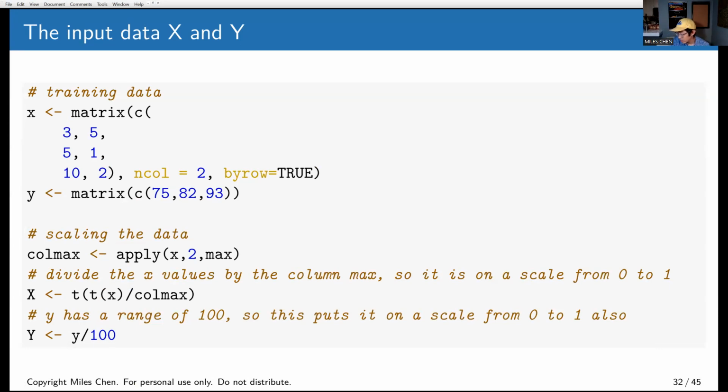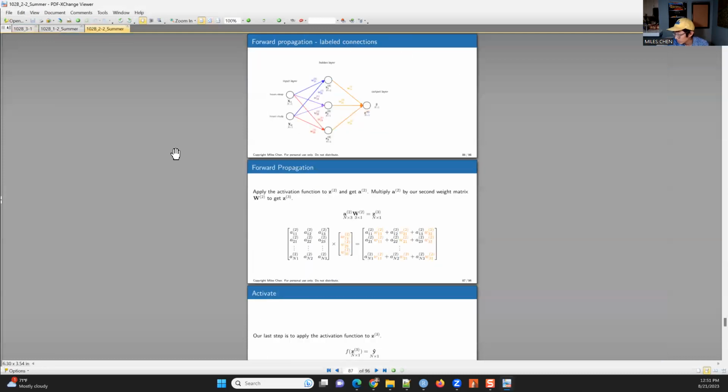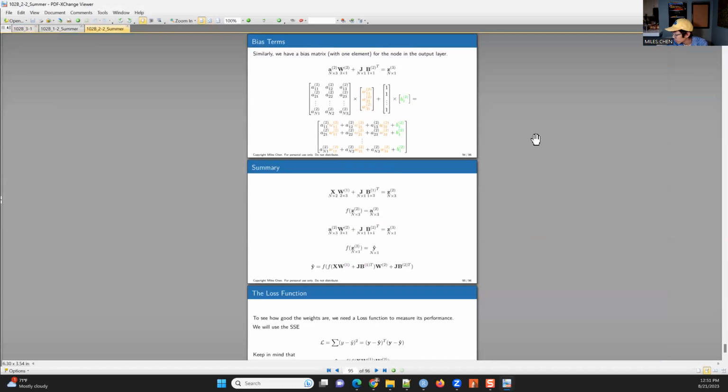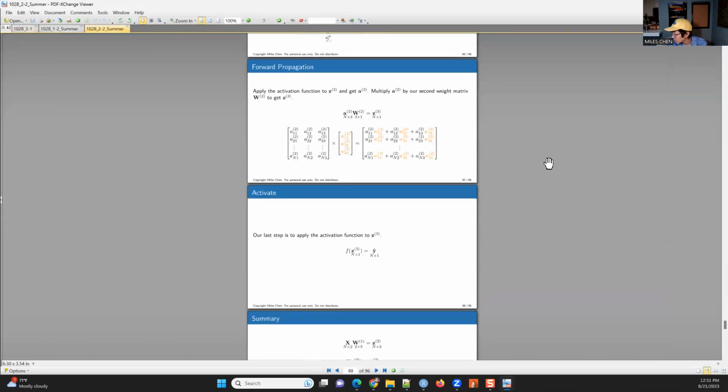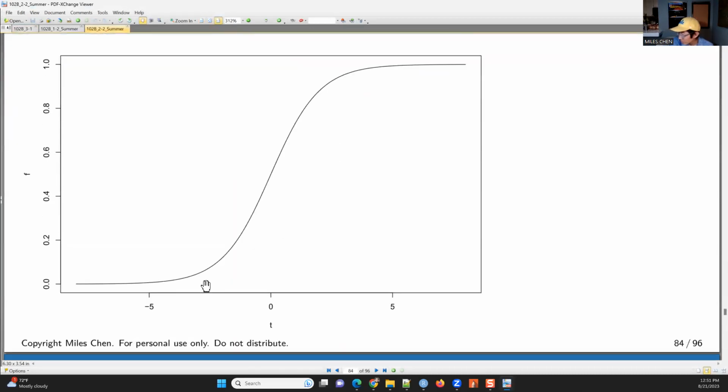To get this to work, we're going to scale our values so that they are between 0 and 1. One reason for scaling is the sigmoid function. There is slope between, say, -2 and +2, but once your t values get higher than 5 or lower than -5, the slope is pretty much 0.